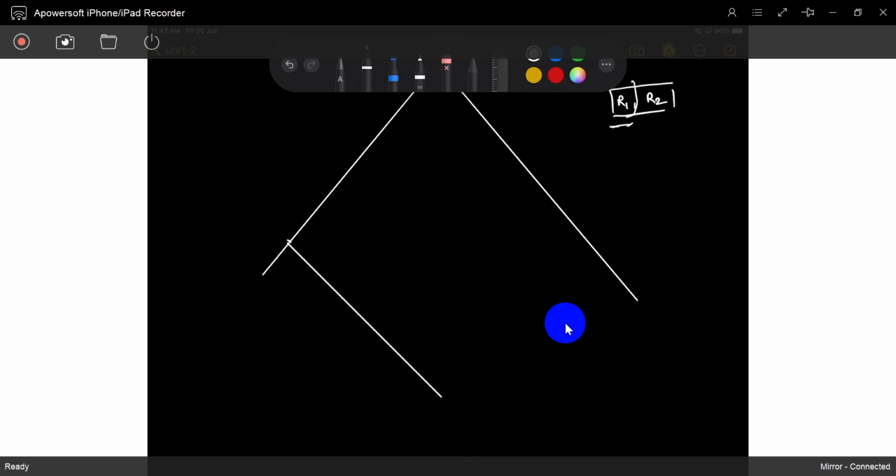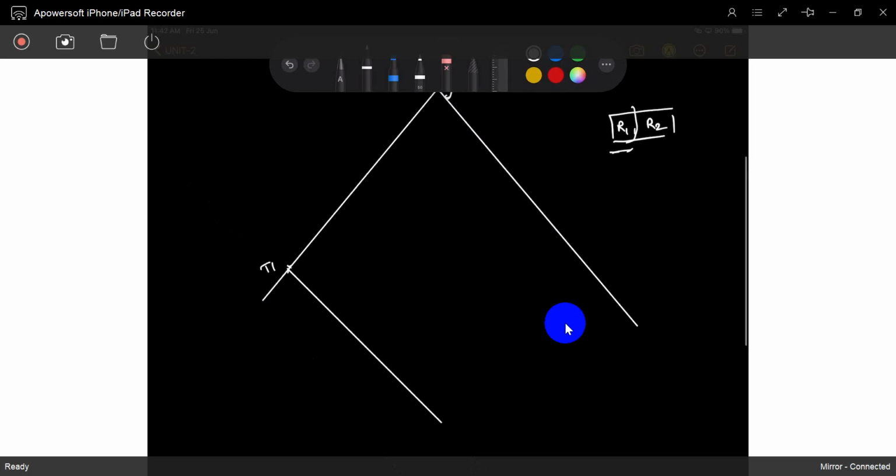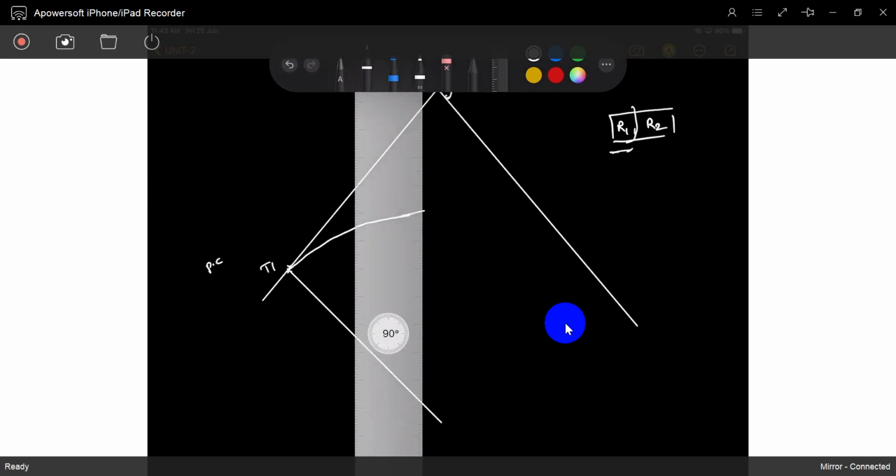This is T1, the point of curvature, PC. So start, draw a curve, where the radius is R.